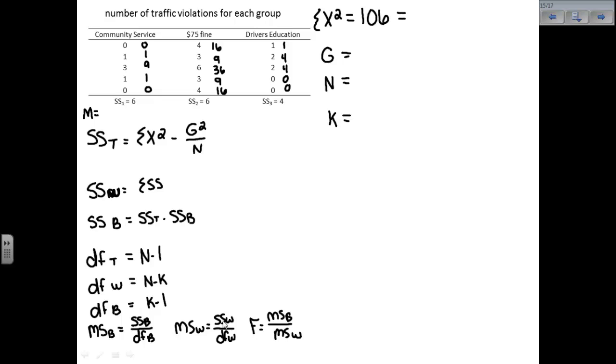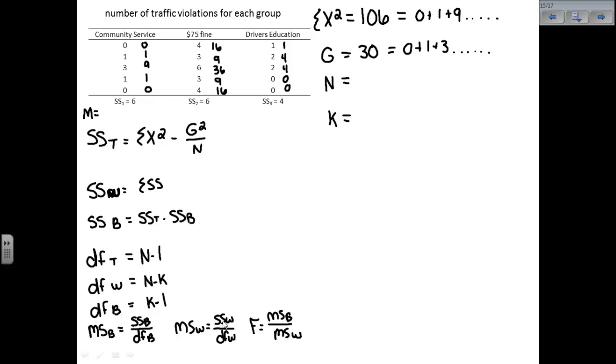And just to give you a frame of reference, it's 0 plus 1 plus 9, all those. Then to find G, the grand total, you just add all of the scores together. So you have 0 plus 1 plus 3 plus 1 plus 4 plus 3 plus 6, all those scores added together, and you end up with 30.